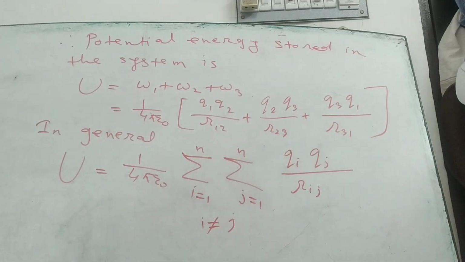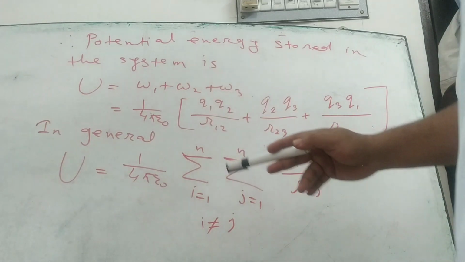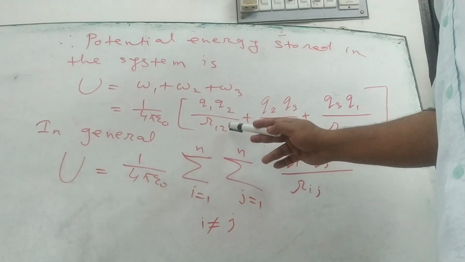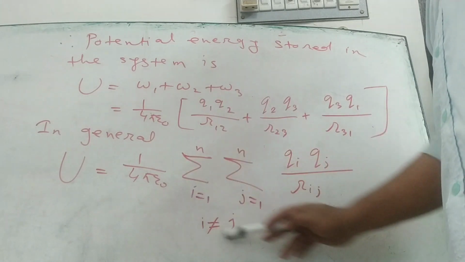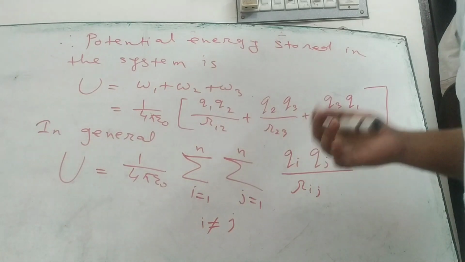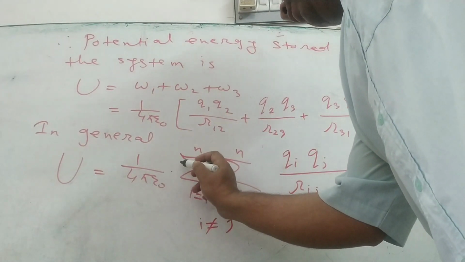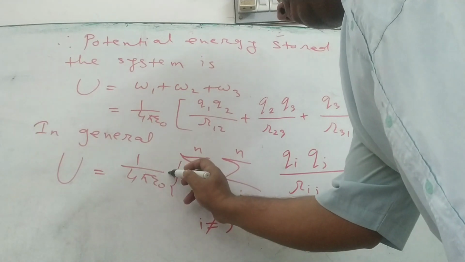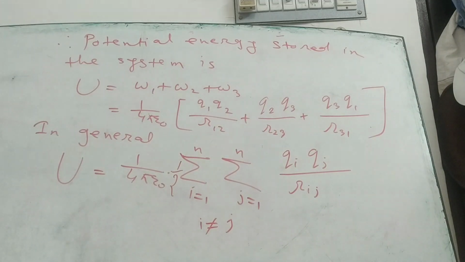Here, since q1 q2 is equal to q2 q1 and r12 is equal to r21, from the summation we get the result twice, that's why we divide this result by 2. This is the final expression of electric potential energy of a system.